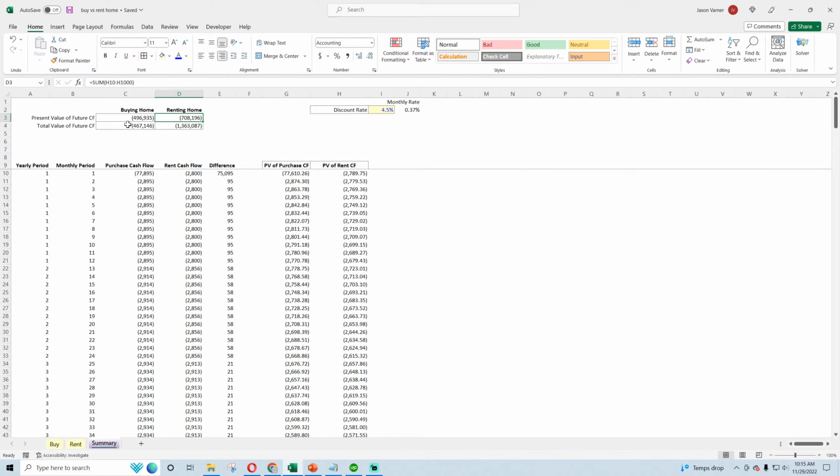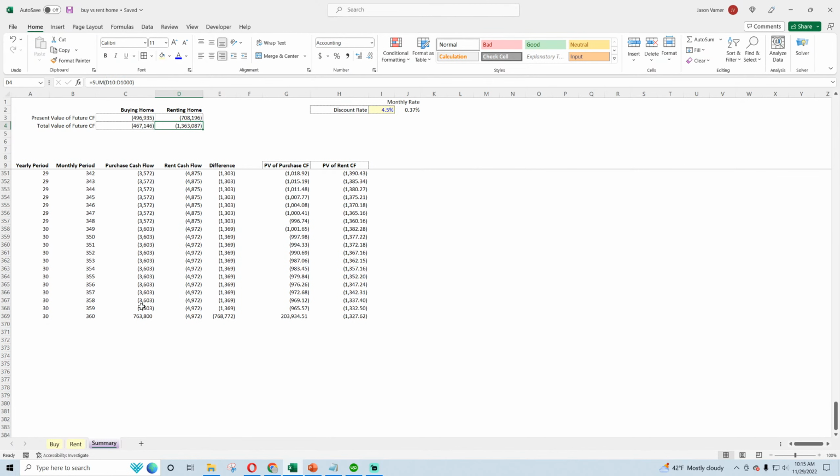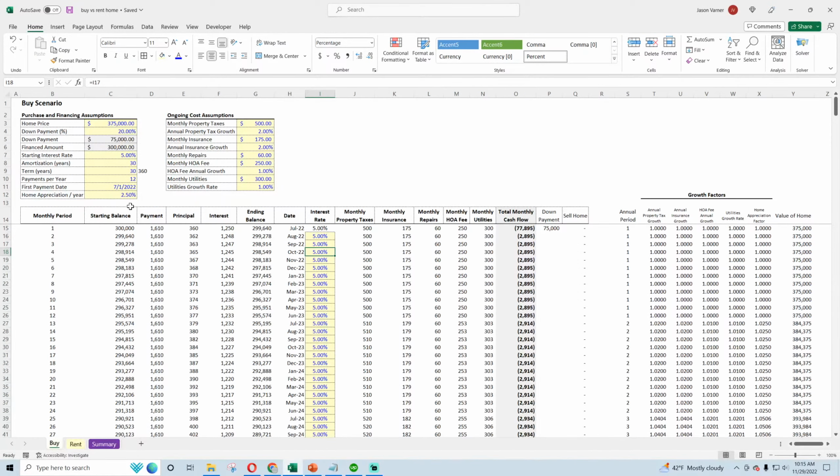And then if you look at the total value front, it's just never going to be even close. Like there's no way that's going to ever get close. And the reason why the present value is close is because the main thing making this big difference in the total value is just that ending home value, again, based on the appreciation assumption here per year.